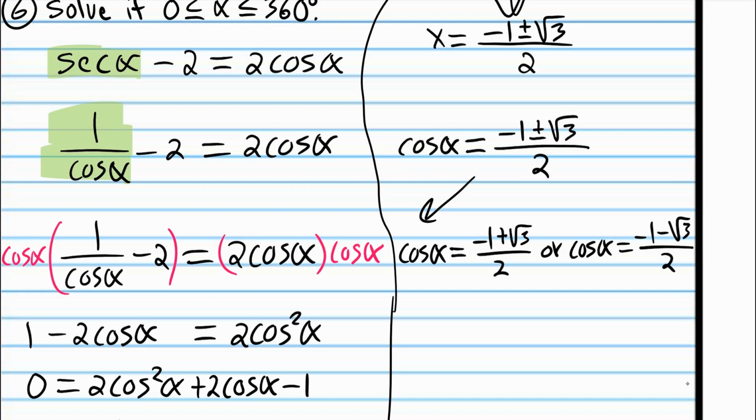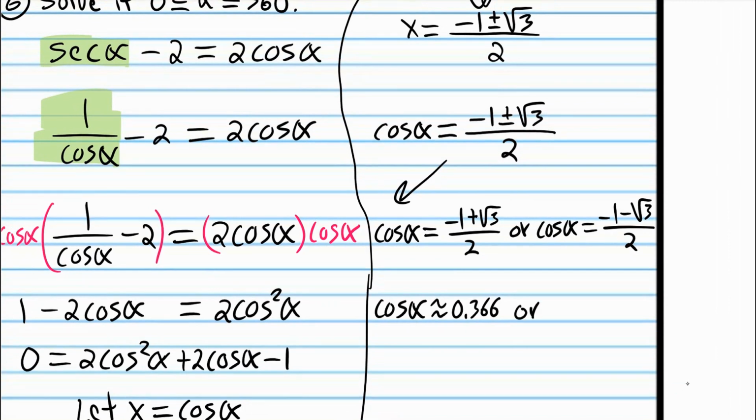So square root 3 equals, and then plus negative 1 equals, and then divided by 2 equals, and we get cosine alpha is approximately equal to 0.366. And let's calculate the other value. So root 3, then times negative 1 to make it negative, and plus negative 1, and then divided by 2. And we get negative 1.366.